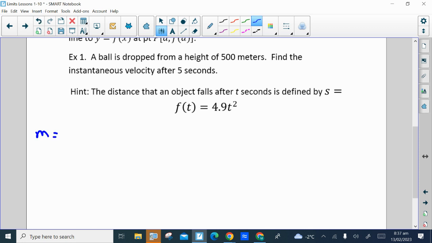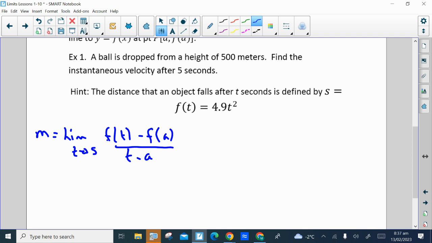So we are finding the slope of the tangent line, and in this case it'll be the limit as t approaches 5 of f(t) minus f(a) all over t minus a.